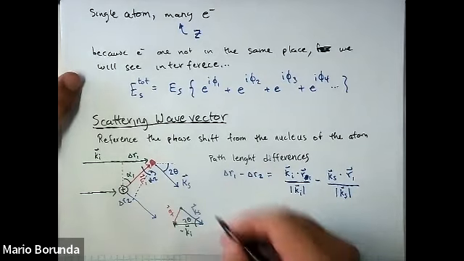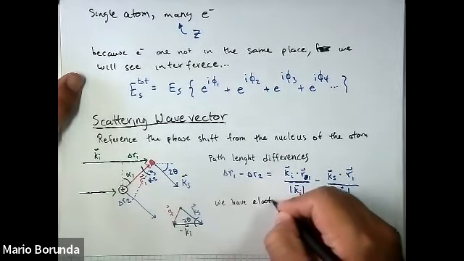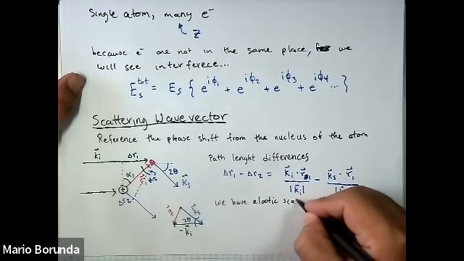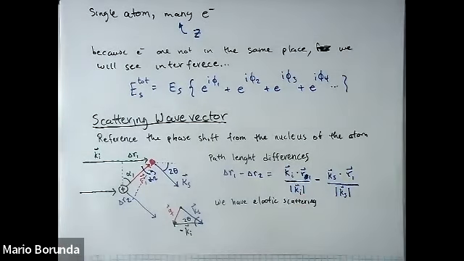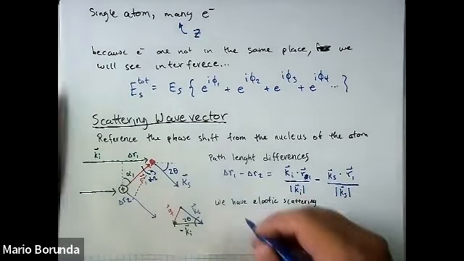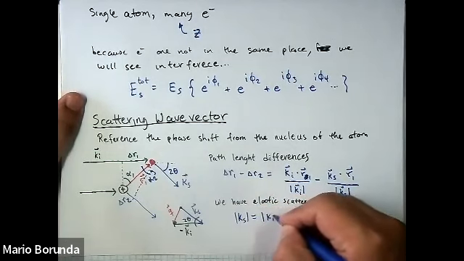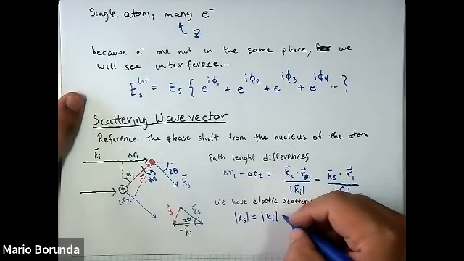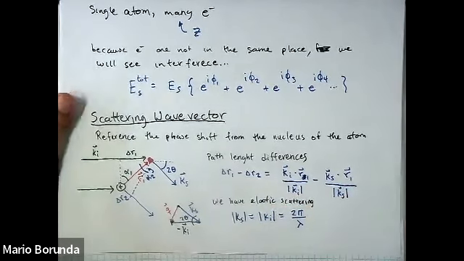And then we have elastic scattering. That means that Ks and Ki have the same magnitude, right? And what these two are is 2 pi over lambda.